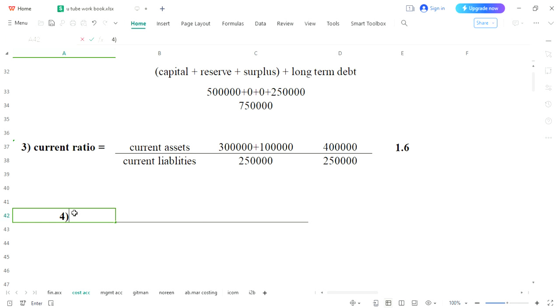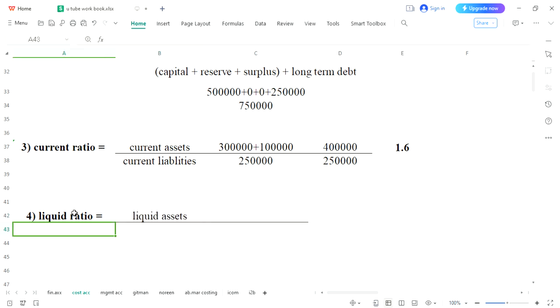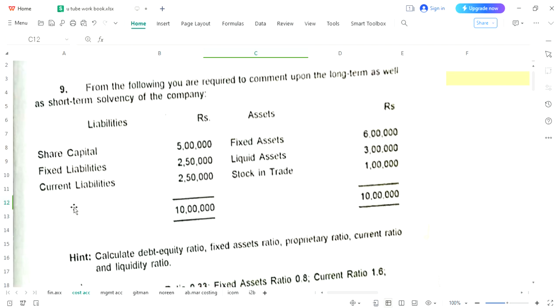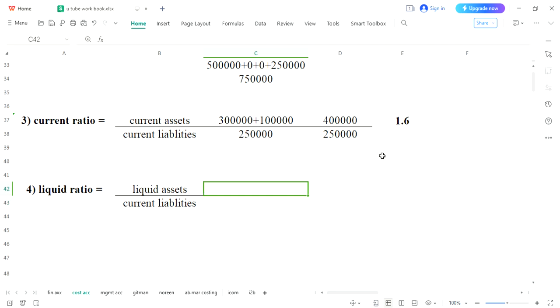Now number 4 is liquid ratio, and that would be calculated by taking liquid assets divided by current liabilities. Liquid asset, luckily these are also given directly, by name. 3 lakh are current liquid assets.